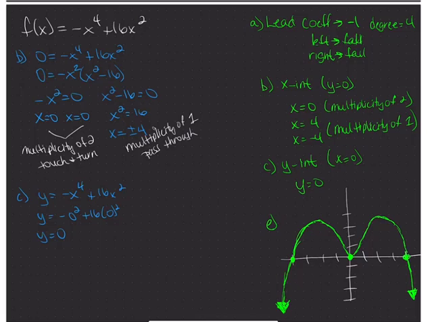So I'm just going to use the +2. So I'm going to go back to my original equation, right, of f of x, and I'm going to put in 2. So f of 2 of -x to the 4th plus 16x squared. What am I going to get? I'm going to get -2 to the 4th plus 16 times 2 squared.